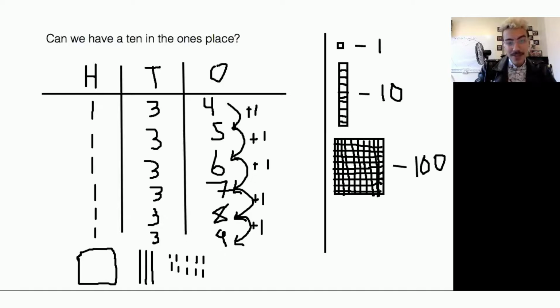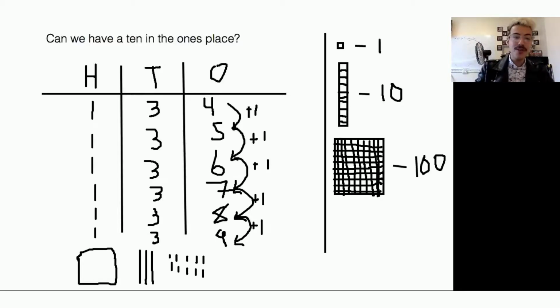Well, what can I do when I have 10 ones? If you can see in my little diagram off to the side, a 10 stick is made up of 10 ones. And as much as a 10 stick is made up of 10 ones, a 100 square is made up of 10 10 sticks and 100 ones. So if I find myself having 10 ones in the ones place, I'm not going to write 10 in my chart.